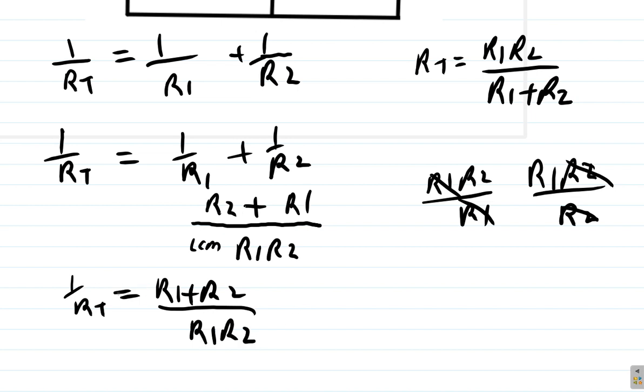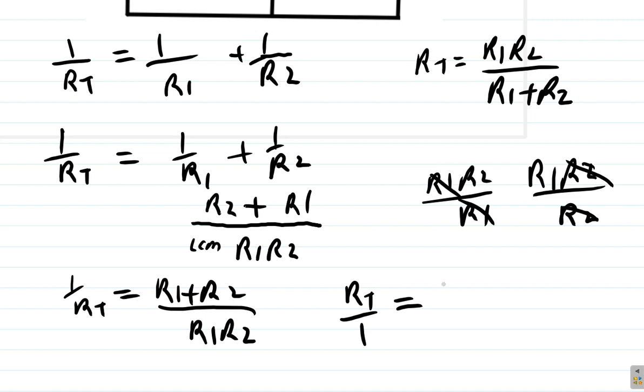But if you find the reciprocal of both sides, you put the RT up here and the 1 down here. What you're going to have is RT over 1 equal, and you switch these around, putting R1 R2 up top and R1 plus R2 down the bottom.